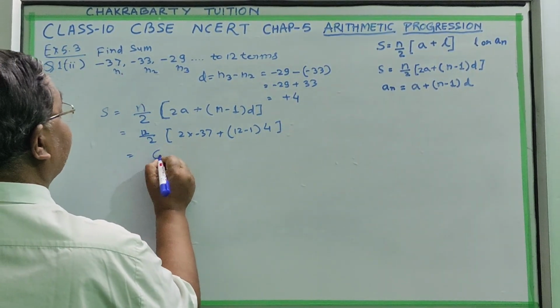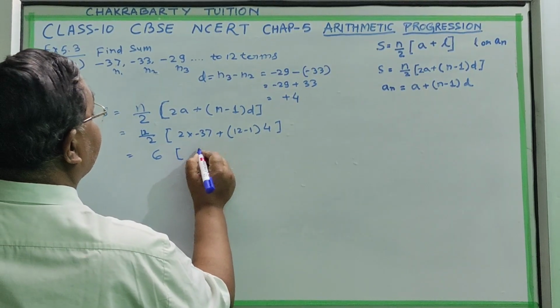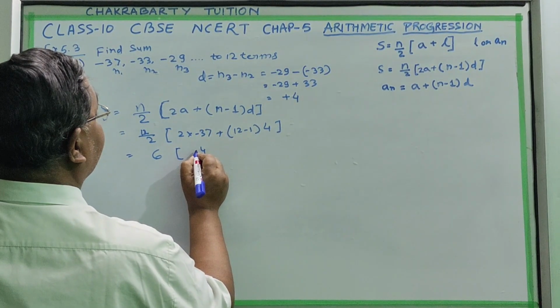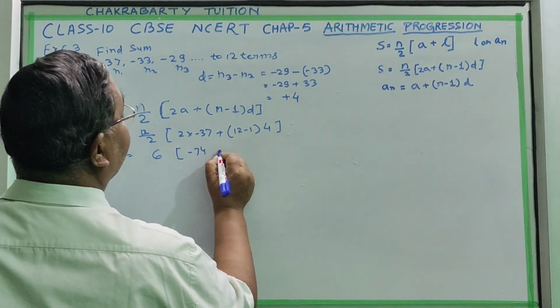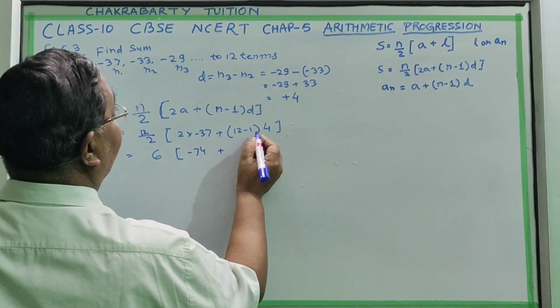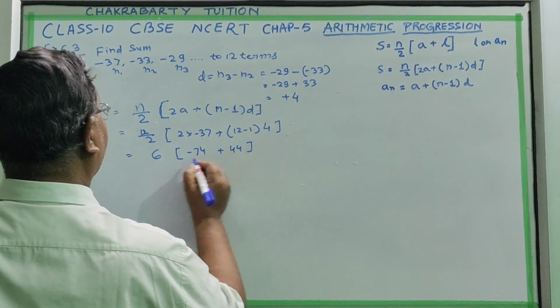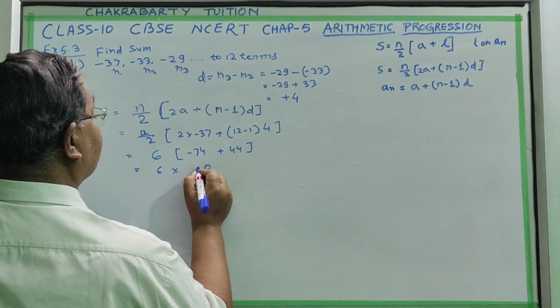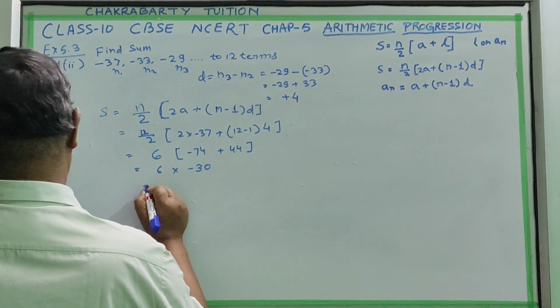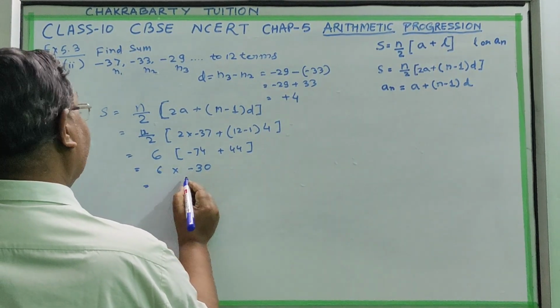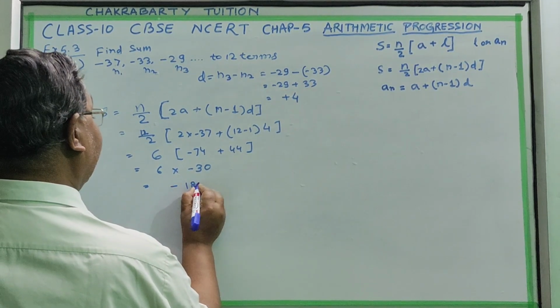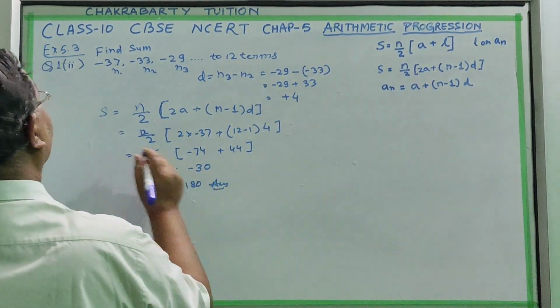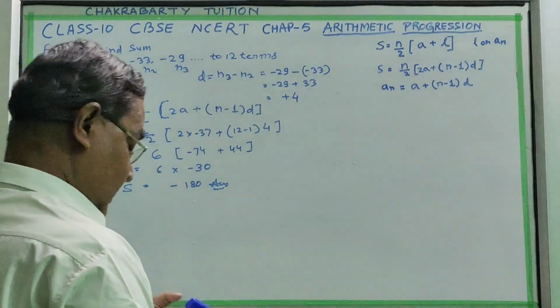So it is 6 times (minus 74 plus 11 into 4, which is 44). So 6 into minus 30 is minus 180. This will be your sum.